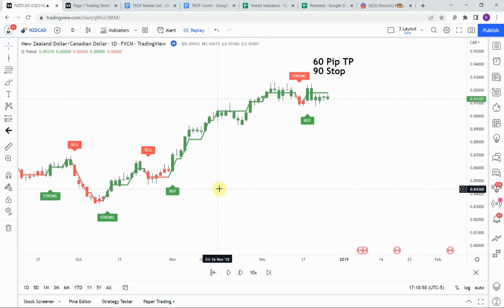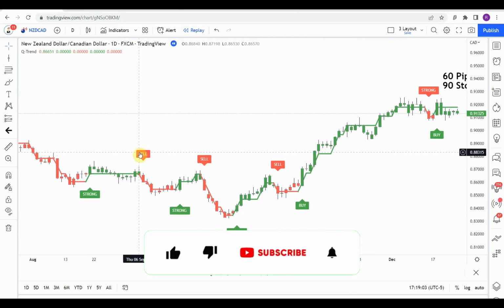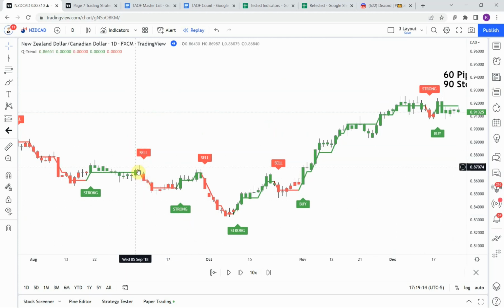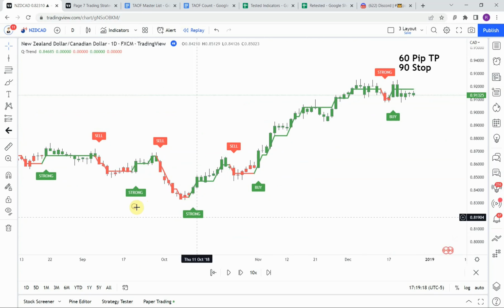I believe the way this is set up is that a red tag with a sell is kind of like a standard sell signal, whereas if it was a red tag and it had strong written in it, then that would be a strong sell signal. Same way with the green side, a standard green tag with buy is kind of a standard buy signal, and one with strong in it, green tag with strong, is a strong buy signal.